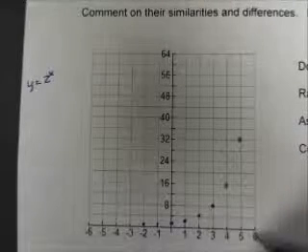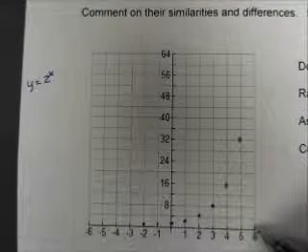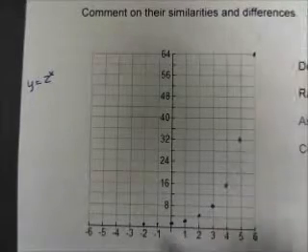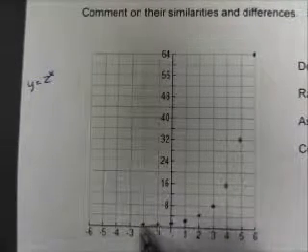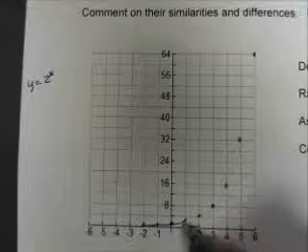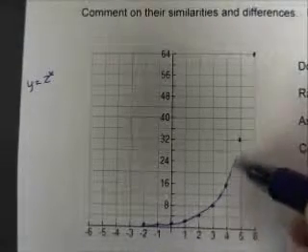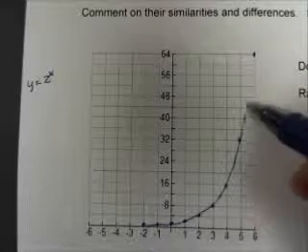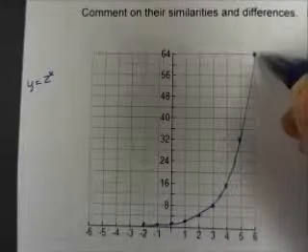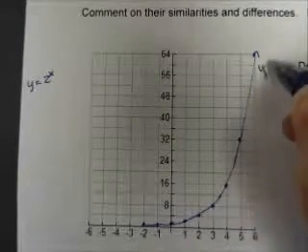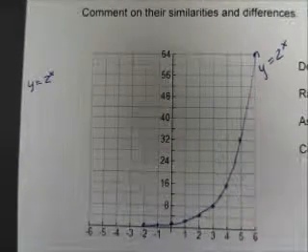And 6 in for x, that's going to be 64. Let's just very gently connect these and label. Put an arrow at the end there. This is y equals 2 to the x.